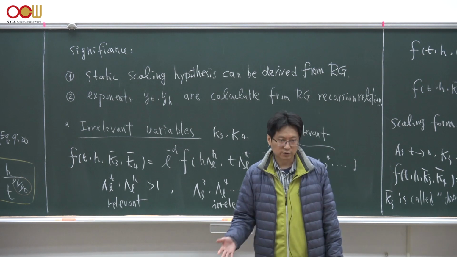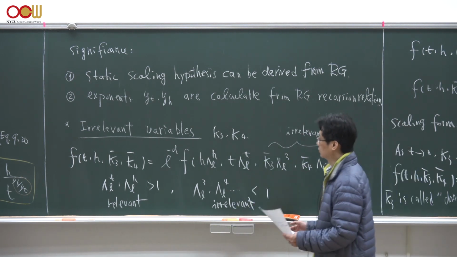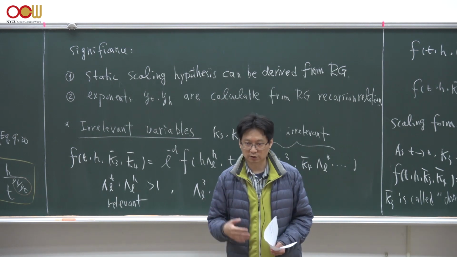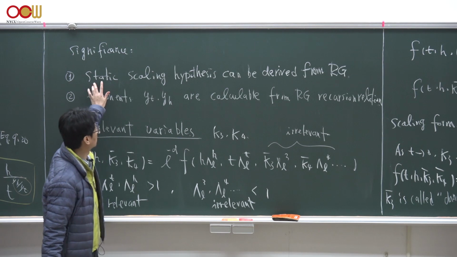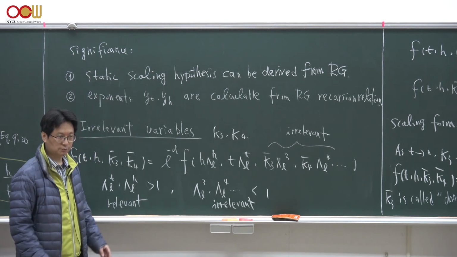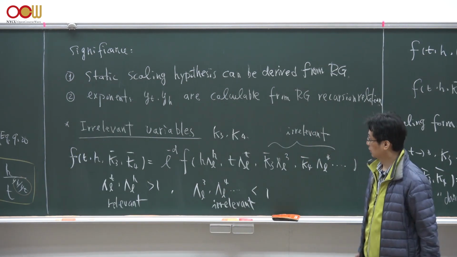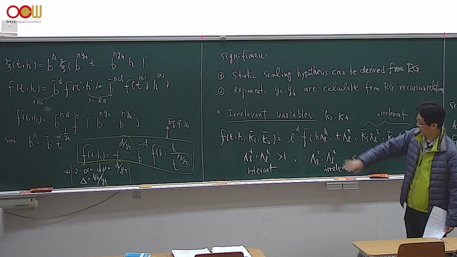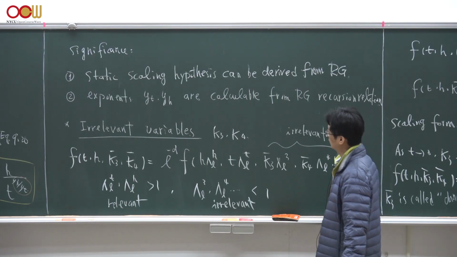Now we can see very clearly the advantage of using the RG transformations to derive the scaling relations and also critical exponents. Because number one, the scaling relations and the scaling hypothesis can be derived from this kind of RG transformation after n times. And number two, those critical exponents like alpha, nu, delta, and so on, are nothing but functions of yt and yh.